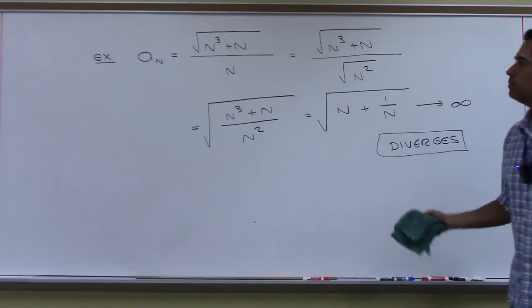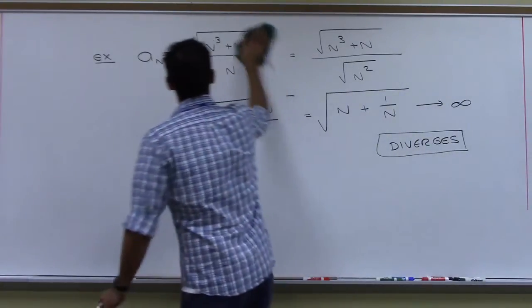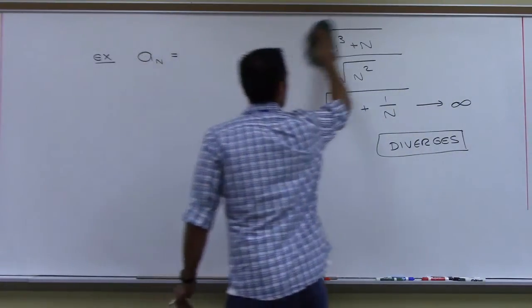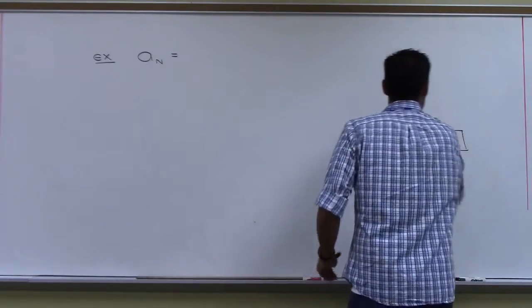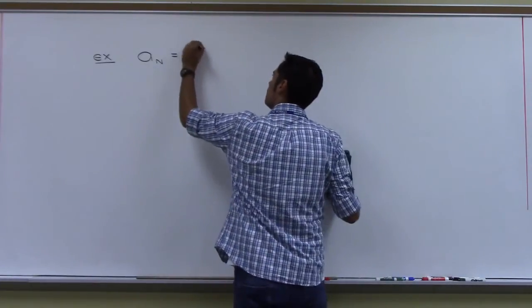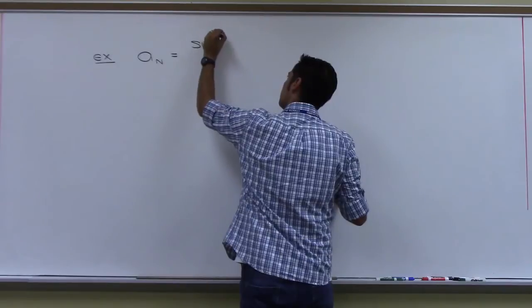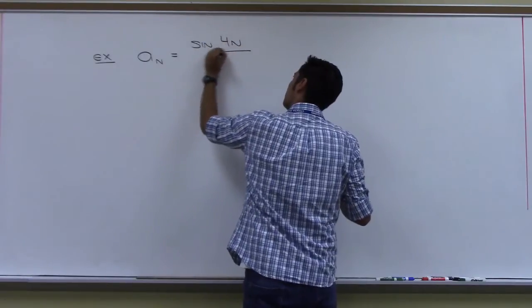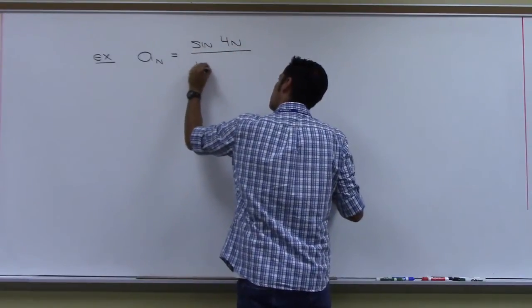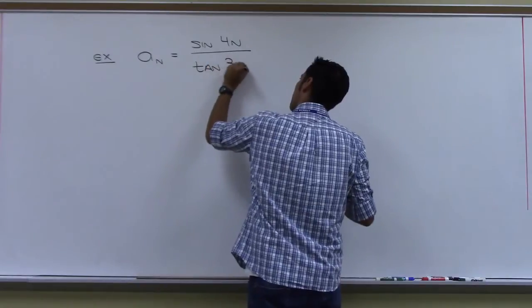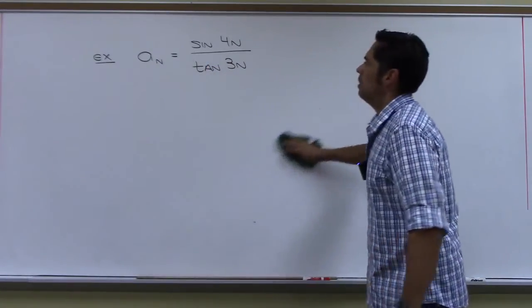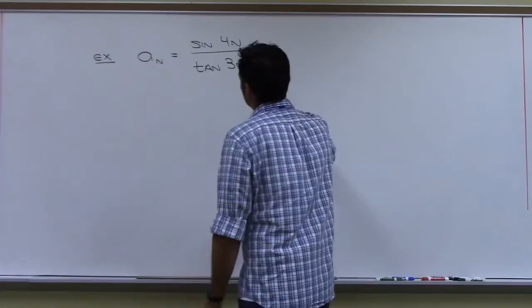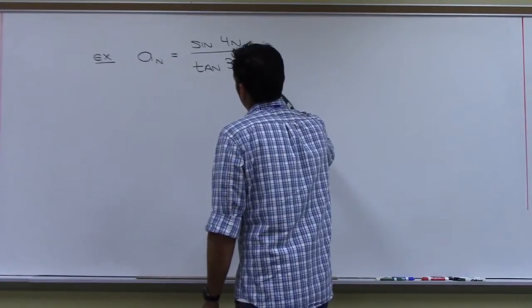Shall we do another? Of course, yes. So how about this? Sine 4n over tangent 3n. Hold on a second. I don't want this.